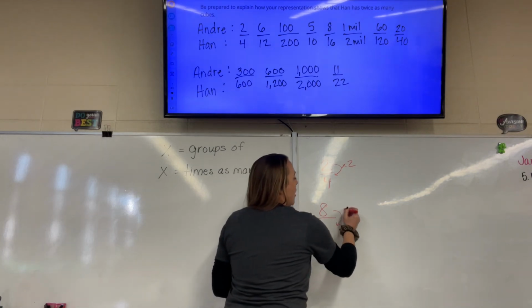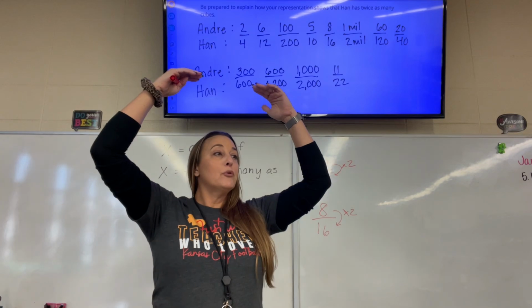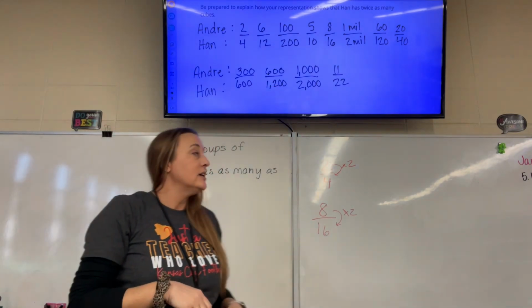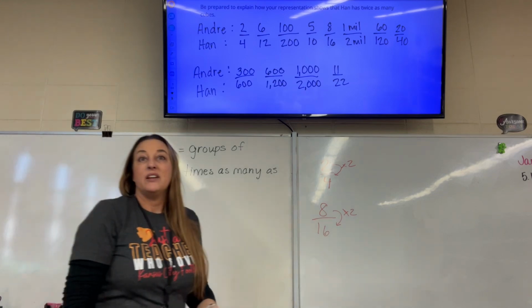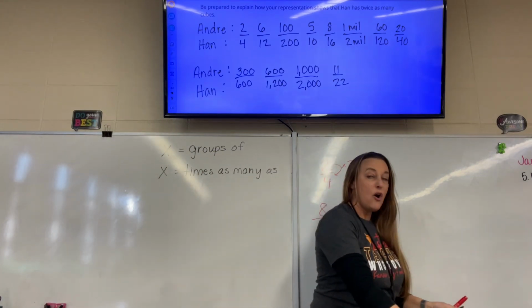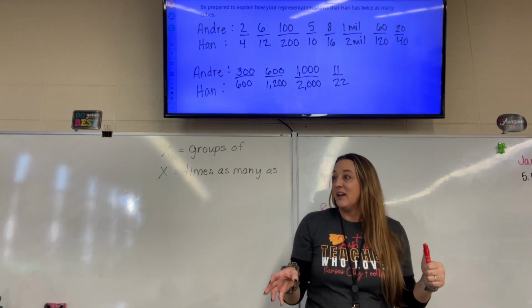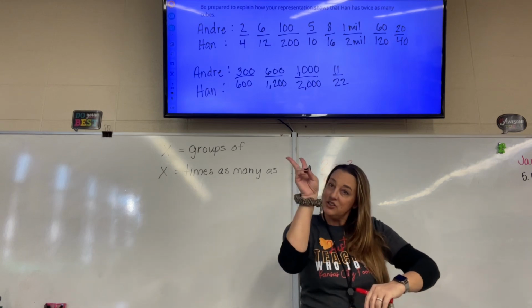If you write them as fractions, all the numerators times 2 equal the denominators. So you can set them up as equivalent fractions that way. All these fractions are equal to 1/2, aren't they? Yes. Andre 1, Han 2.